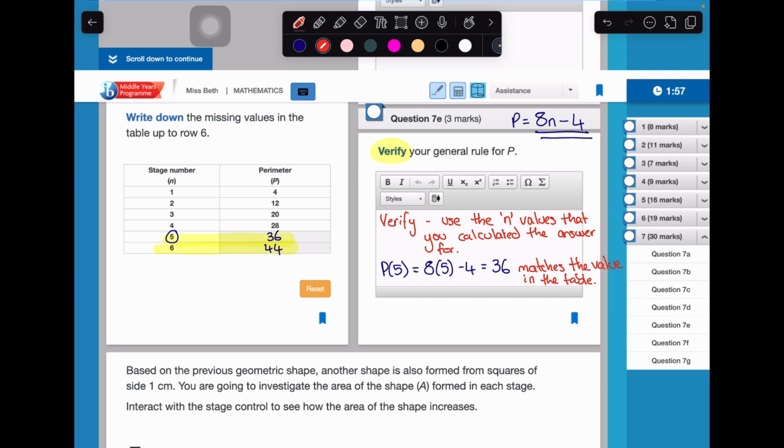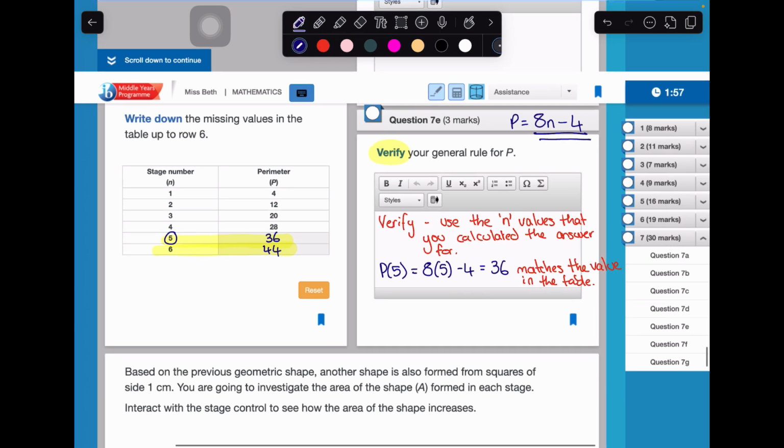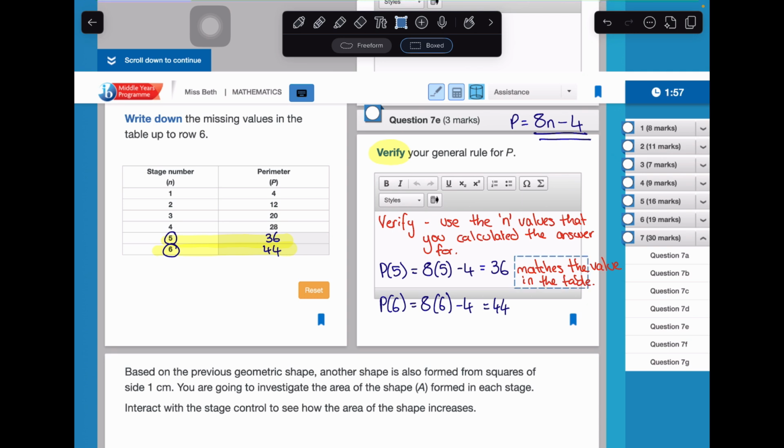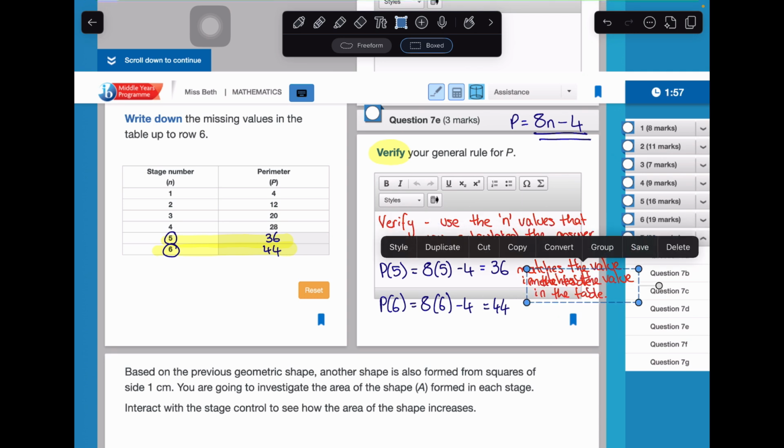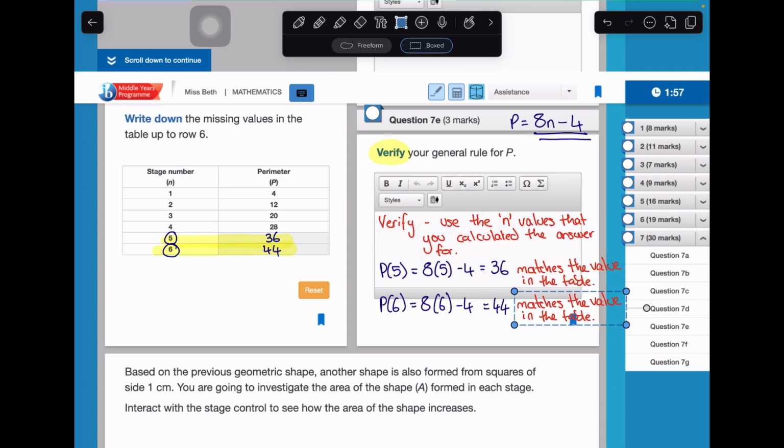Okay, I'm going to repeat the process for 6 as well. So for stage 6, P of 6 is equal to 8 multiplied by 6, subtract 4. So 48 take away 4 is 44. And you want to make the same statement that this matches the value in the table. And then as a final sentence, hence my rule is verified.